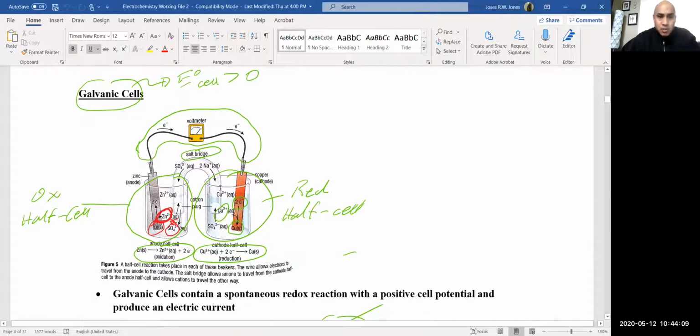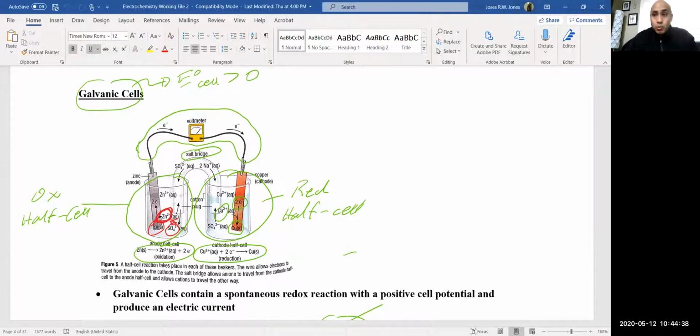So you have this upside down hollow glass tube, plugged with cotton on the left end and the right end, and it is filled with an electrolytic solution that allows electricity to flow through. Electrons will not be flowing through the salt bridge, this upside down U tube, but the positive and negative ions are able to migrate in opposite directions.